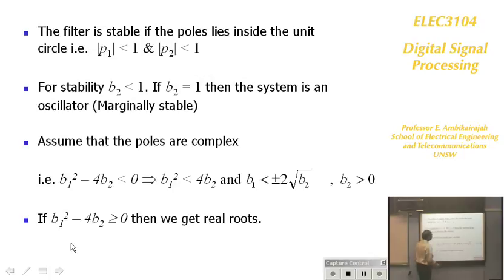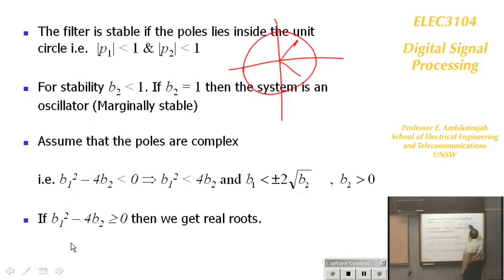Once you know the pole positions, you know the magnitude, the distance, must be less than 1, and the second also less than 1. They are conjugates.